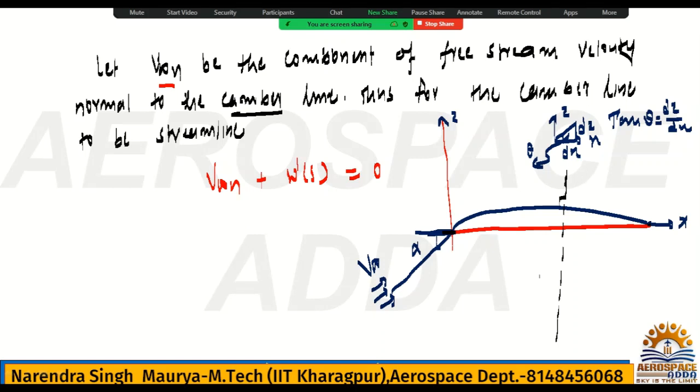Okay. Now this V infinity n is the component of V infinity, and where is the V infinity? V infinity, just parallel to this I can draw here. This and this are parallel. This is what? V infinity n. What is this angle? Alpha. Yes or no? So now this is V infinity. Okay.